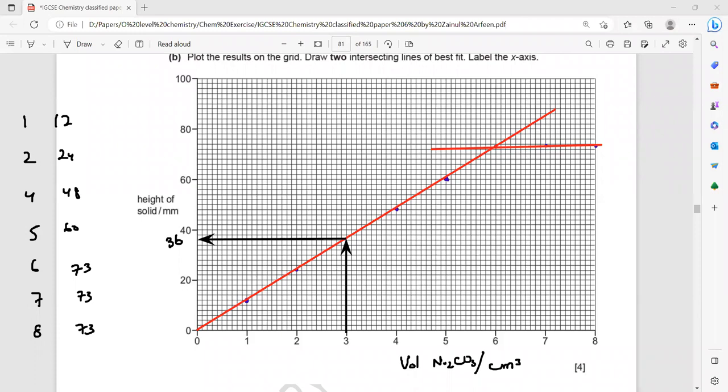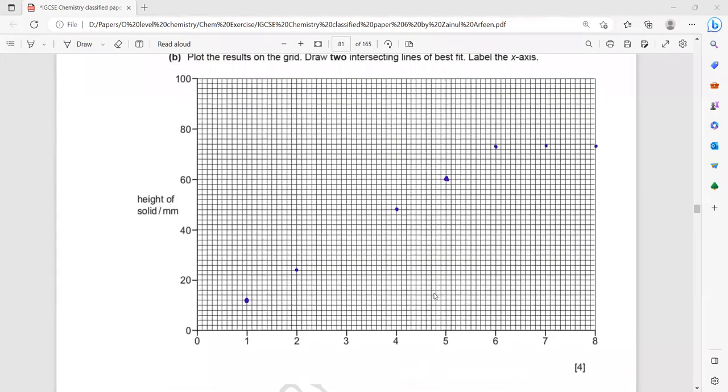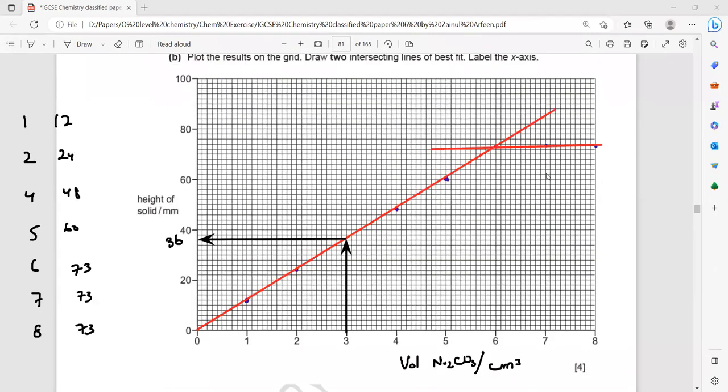The next question is, what is the relation between the volume and the height? So we write here 36. Then describe a trend in the height of a solid formed in test tube 1 to test tube 7. What is the trend? How are they related to each other? How can you make a relation between the height of the precipitate and the volume of sodium carbonate used?